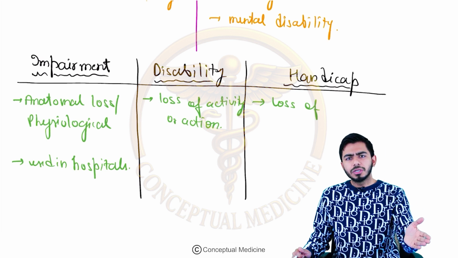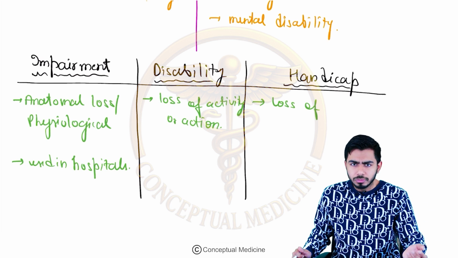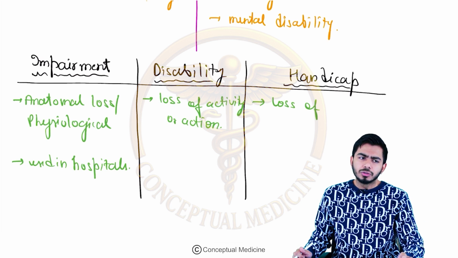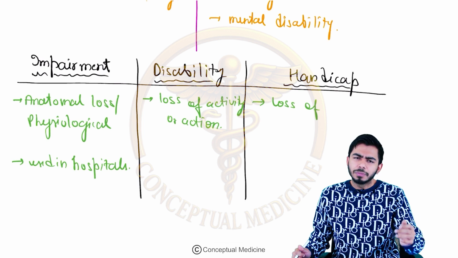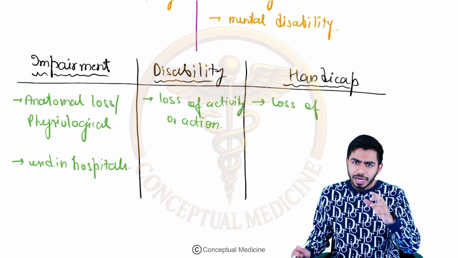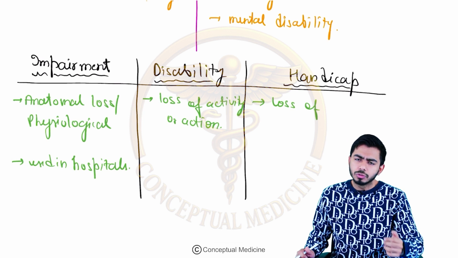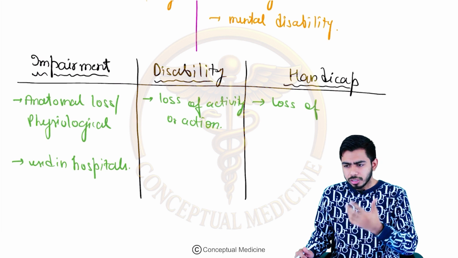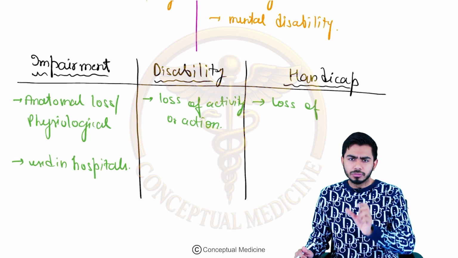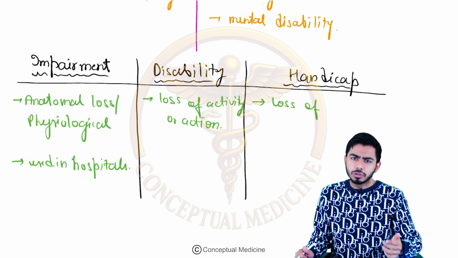Then due to this disability, the person will be handicapped, because the person might lose the job due to this particular deformity, or due to this particular impairment or disability. So that will be the handicap. For that purpose, the government is having the handicap quota as well, right? You know about that as well. So the handicap term is usually used for quota purposes, for example, handicap quota, right?